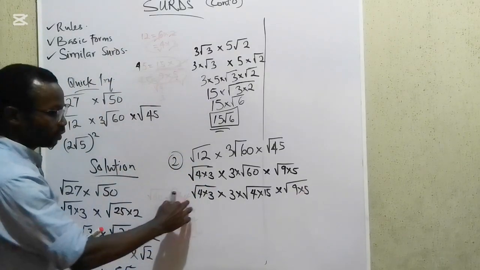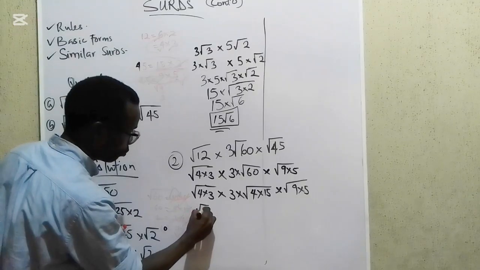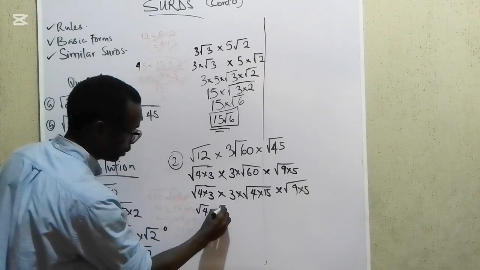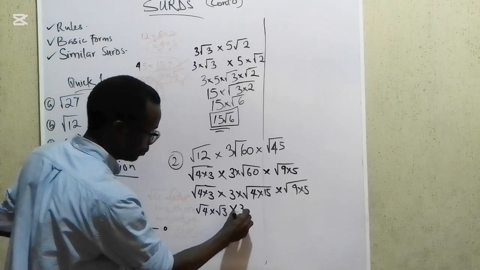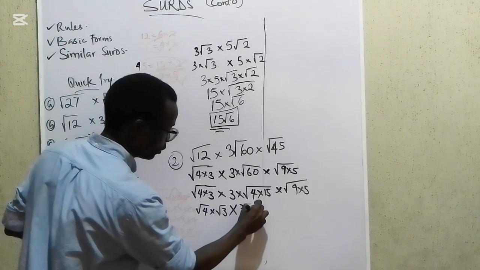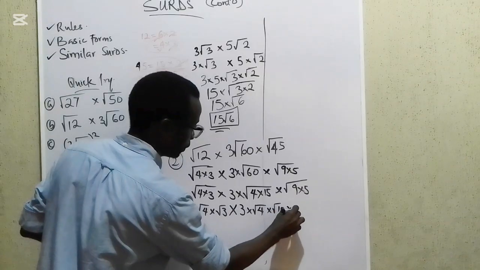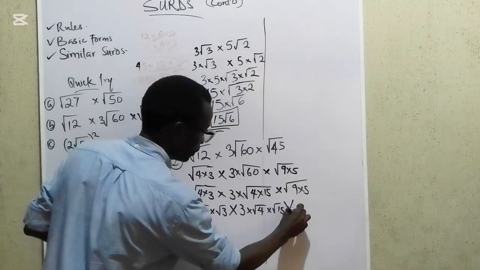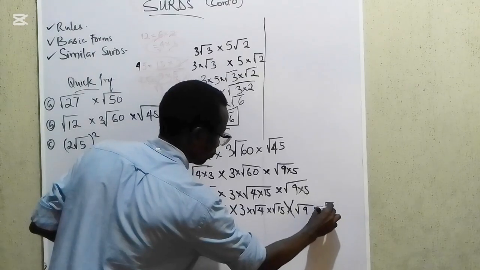So let's go. This is the same thing as separating them. We should have root 4 times root 3, times 3, times root 4 times root 15, times root 9 times root 5.